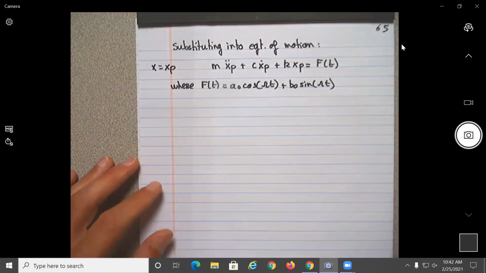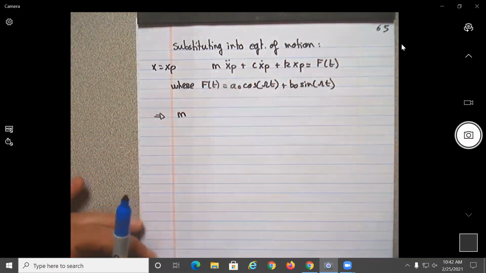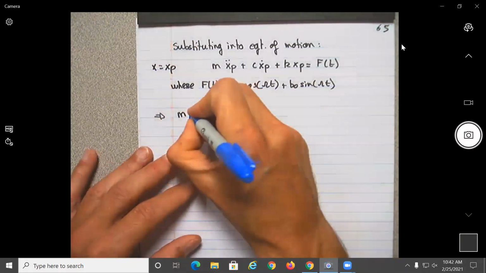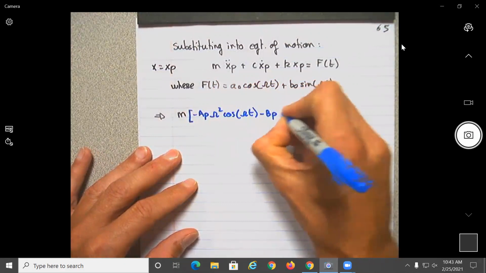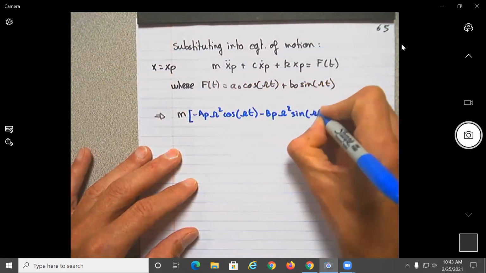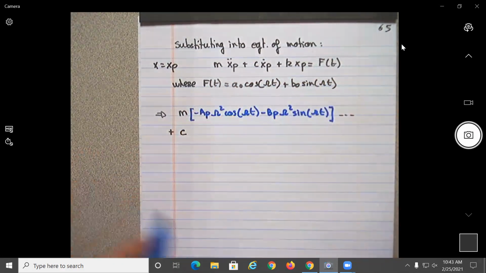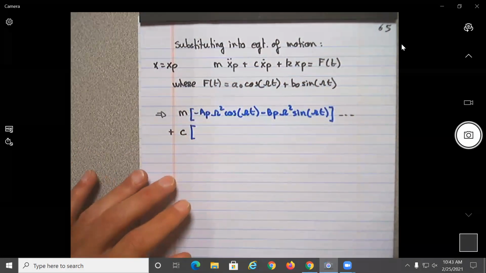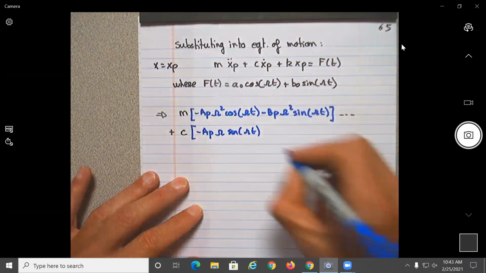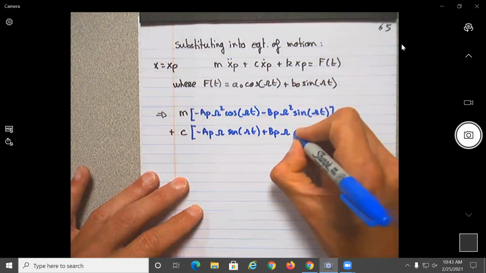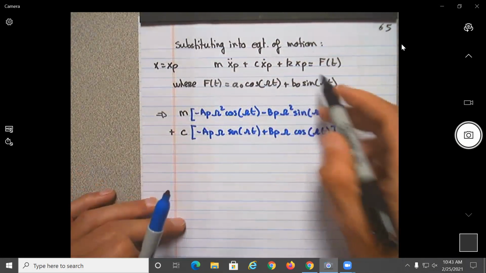All right, so that will give us what? We'll have m times x double dot p, which we said was equal to minus a sub p omega squared cosine omega t minus b sub p omega squared sine omega t, plus c times x dot, so x dot is equal to minus a p omega sine omega t plus b of p omega cosine capital omega t, and plus k x p.